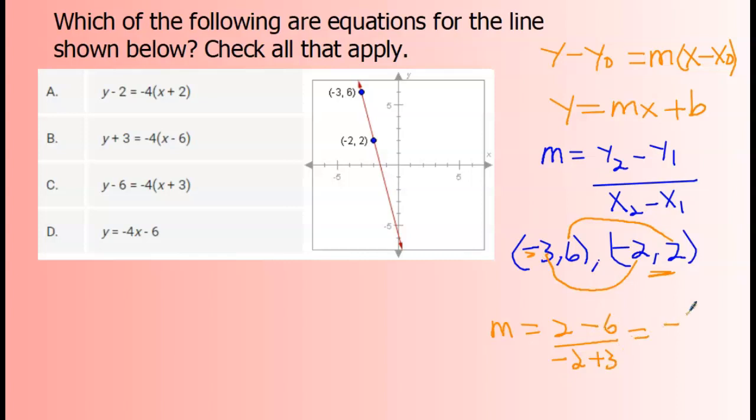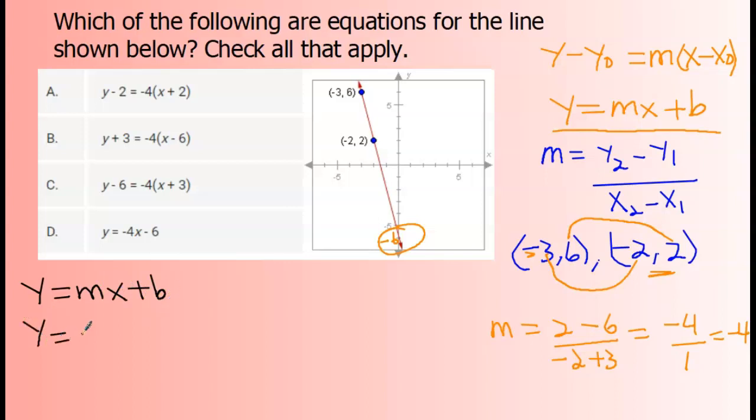That gives us -4 over 1, which is the same as -4. So that's the reason why we got -4 everywhere. Since we got our slope, our y-intercept is right here, which happens to be -6. So for our first equation, using y equals mx plus b, we got the slope to be -4x, and the y-intercept is -6.